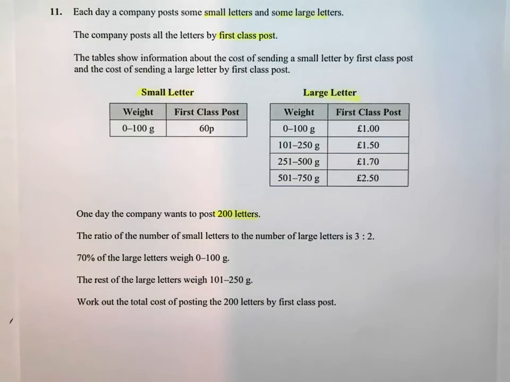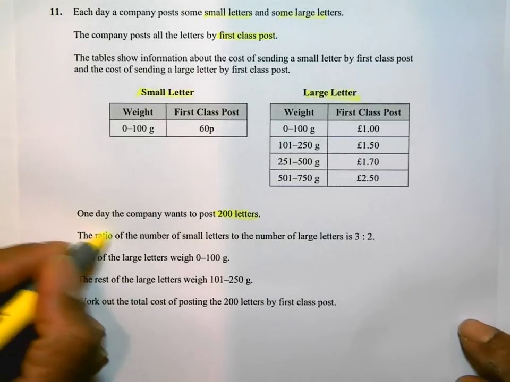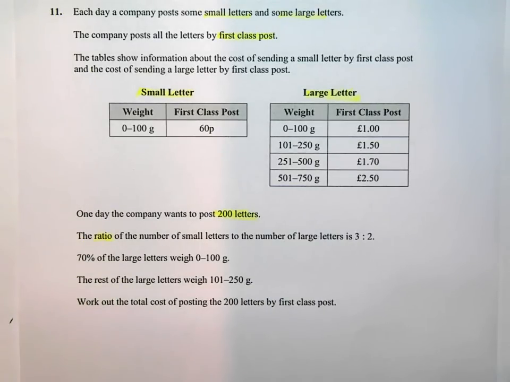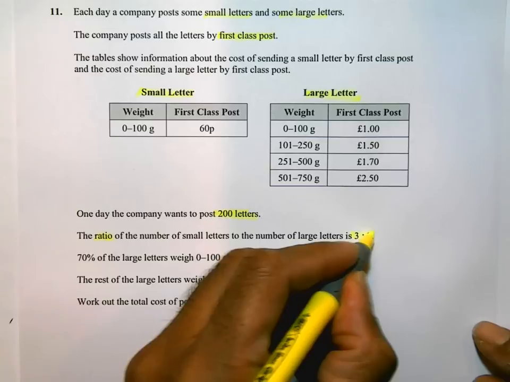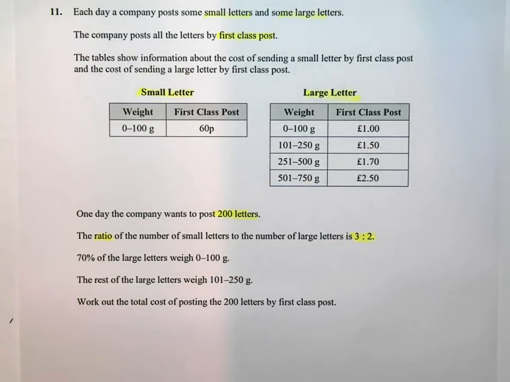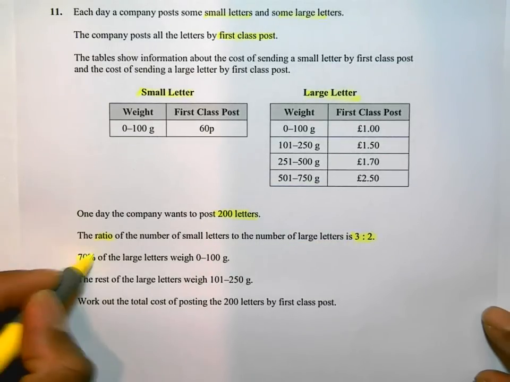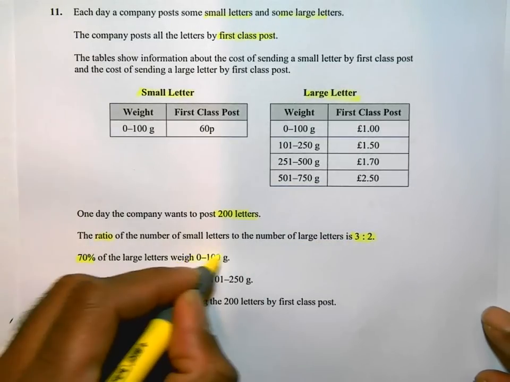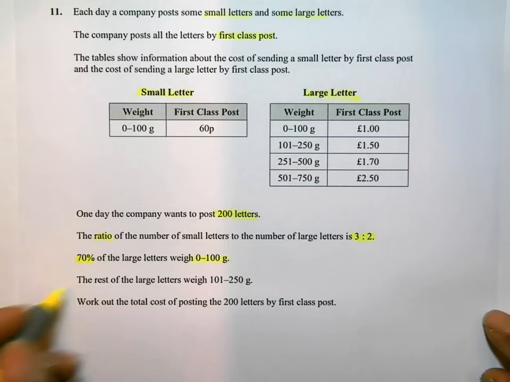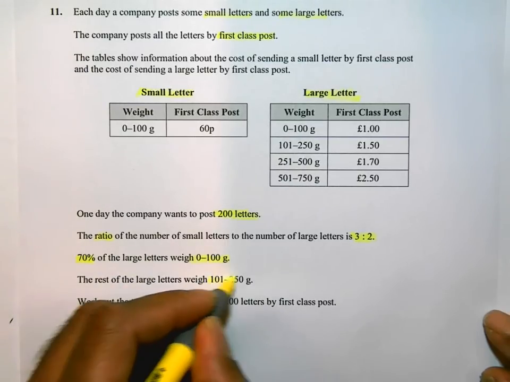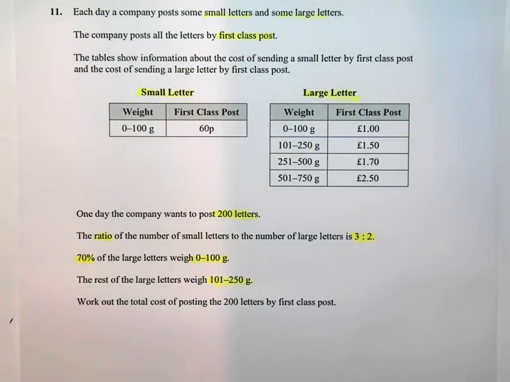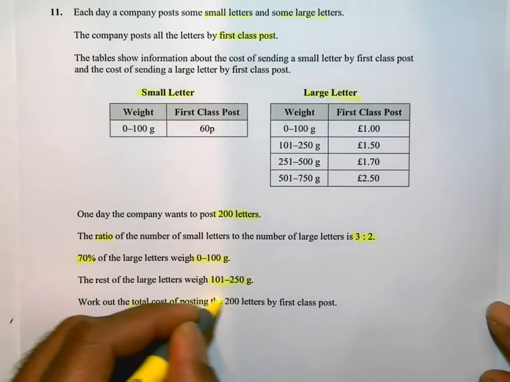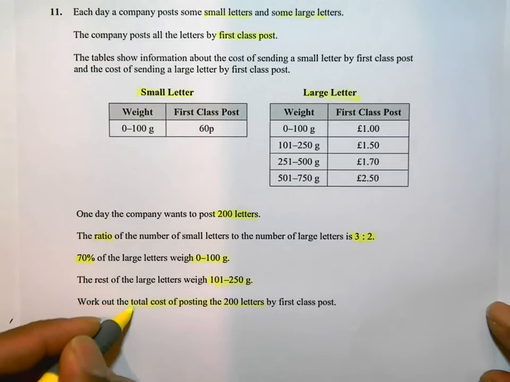The ratio of the number of small letters to the number of large letters is 3:2. 70% of the large letters weigh 0 to 100 grams, and the rest of the large letters weigh 101 to 250 grams. Work out the total cost of posting the 200 letters by first class post.